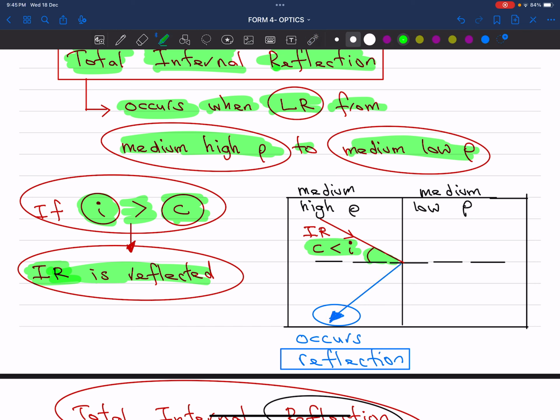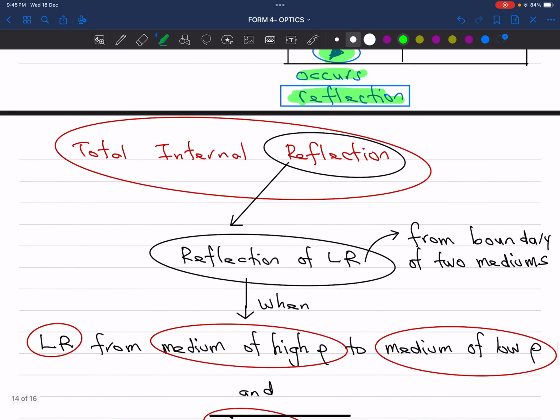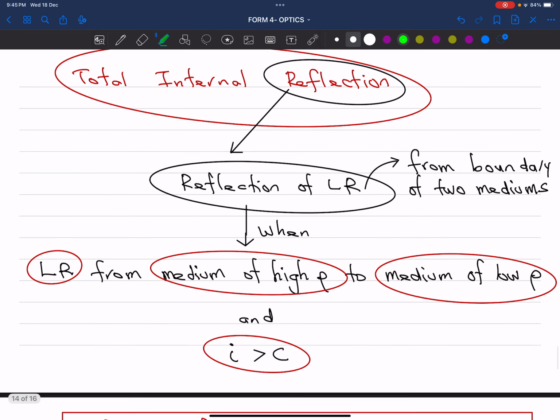So moving from high density to low density, and I more than C, the light ray is reflected. Reflection occurs.